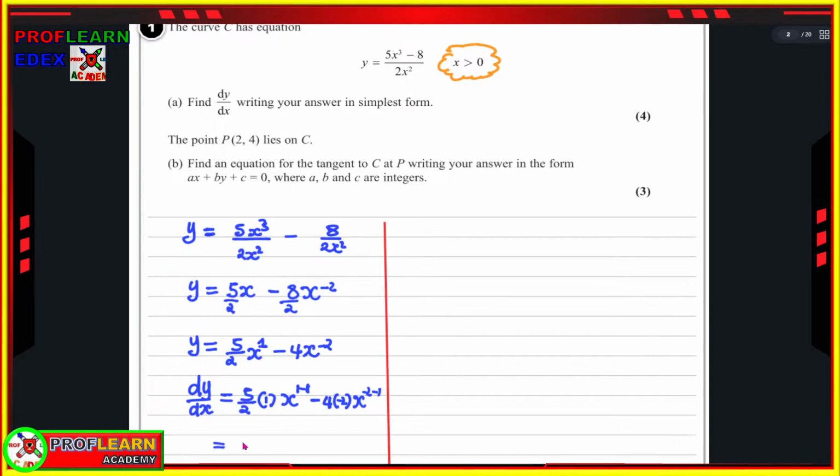Simplifying, we get 5 over 2 plus 8x to the power negative 3. This is the simplest form of our dy/dx, which can also be written as 5 over 2 plus 8 over x cubed.